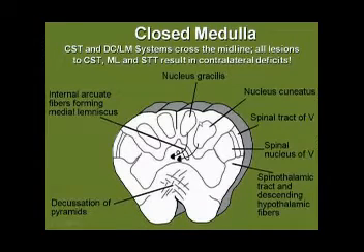And first off, you can see in the closed medulla section the location of the 2 dorsal column nuclei that we identified on a gross brain picture earlier: the more medially placed nucleus gracilis and the more laterally located nucleus cuneatus.